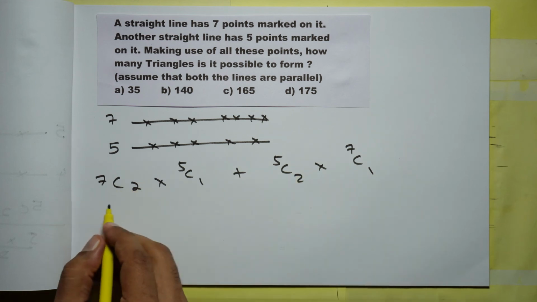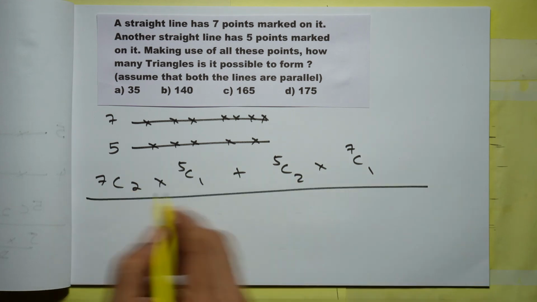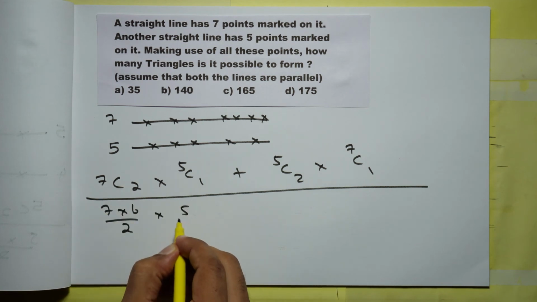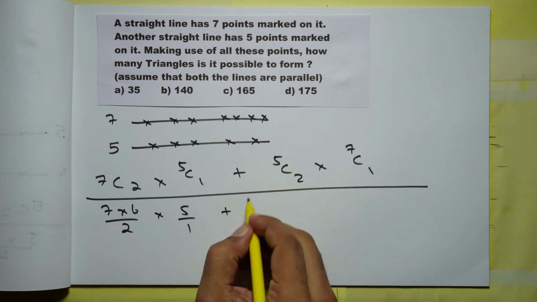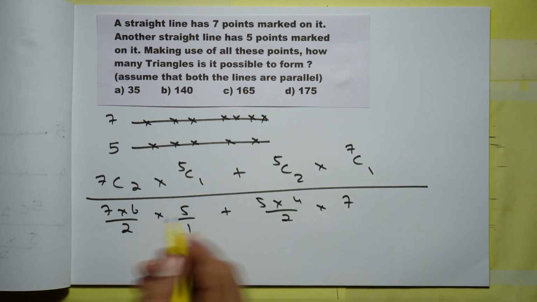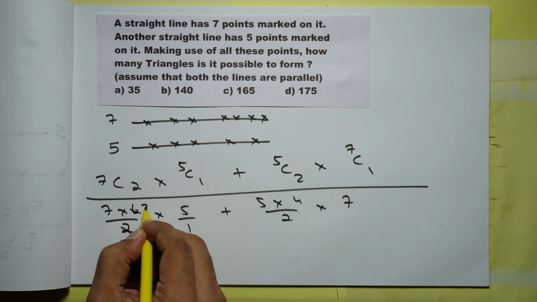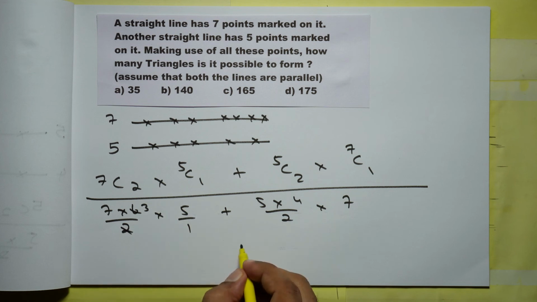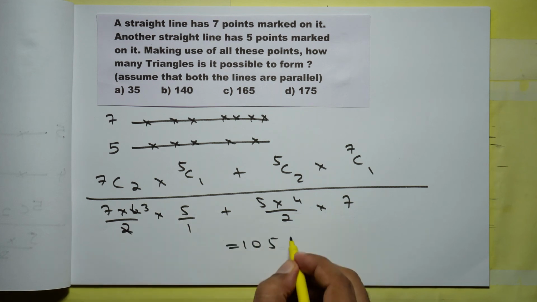So let us calculate the total number of outcomes. That is 7C2, 7 into 6 by 2 into 5 by 1, plus 5C2, 5 into 4 by 2 into 7. Here 2 divides 3 times. So 7 into 3 is 21. 21 into 5 gives you 105.